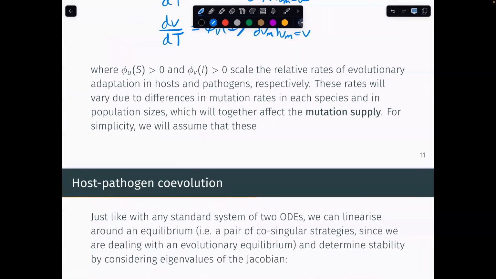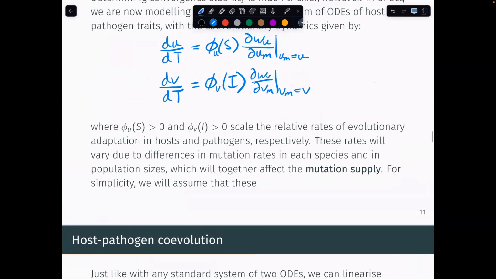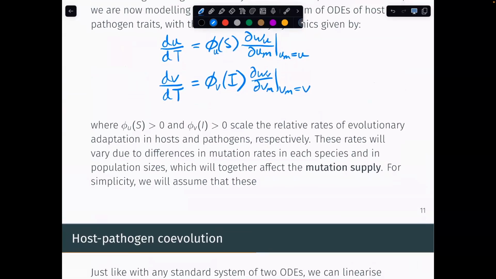In fact, I'm actually going to simplify things and even assume that they are the same. Just because it shows that even when we assume a very simple scenario, our understanding of convergent stability changes in two dimensions, okay? So for simplicity, we're going to assume that actually these are constant and equal. The simplest scenario we can have.